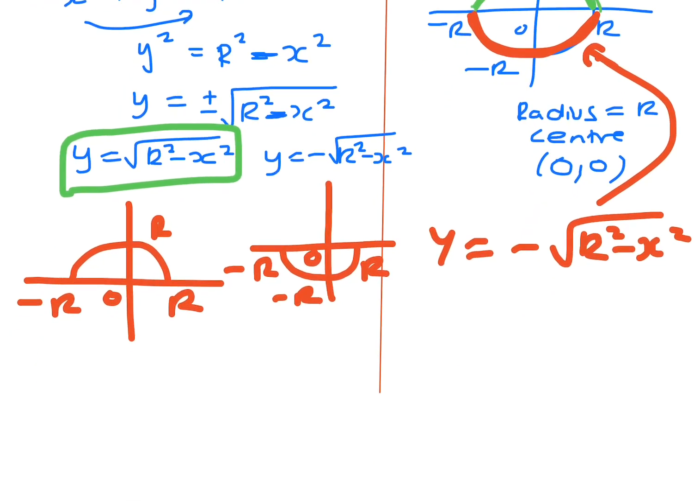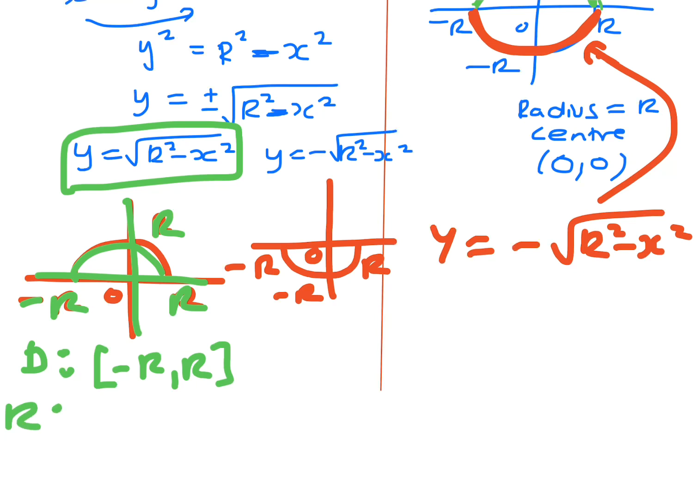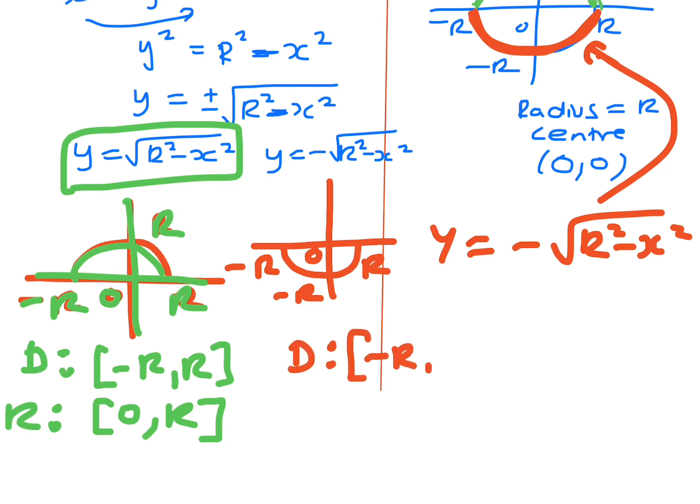Okay, now further on that, I'll just do that one in green because then it matches a bit nicer. There you go. Further on that, the domain of this one here would be between minus r and r, and the range, you can see the range starts at 0 and goes up to r, so from 0 up to r, whereas the domain and range of this other one here would be, the domain is minus r to r, and the range is from minus r to 0.